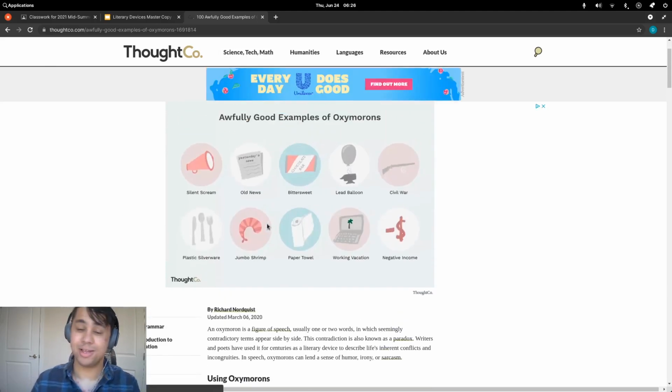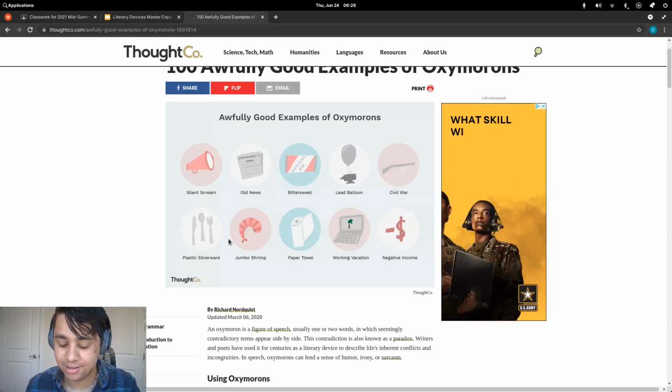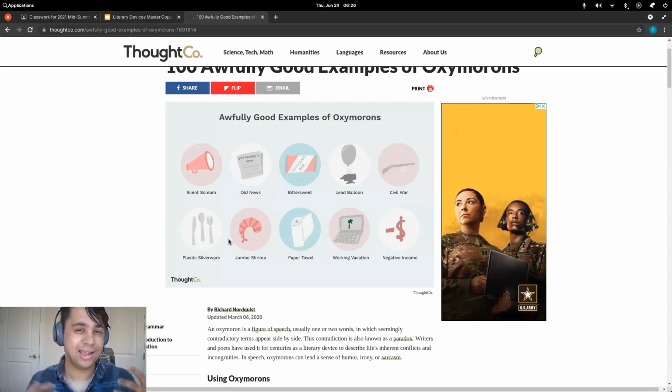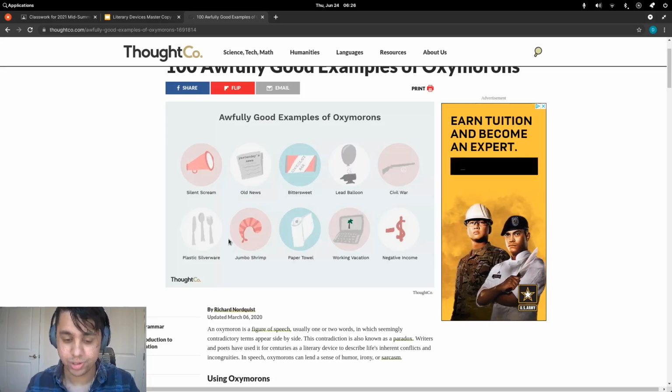Jumbo shrimp. That's an excellent example. If we look here, jumbo shrimp is an oxymoron because it says jumbo, which is large, and shrimp, which is another word that we use for incredibly small. In this context, it means a very large shrimp, but even very large shrimp aren't very large. So it's an oxymoron.